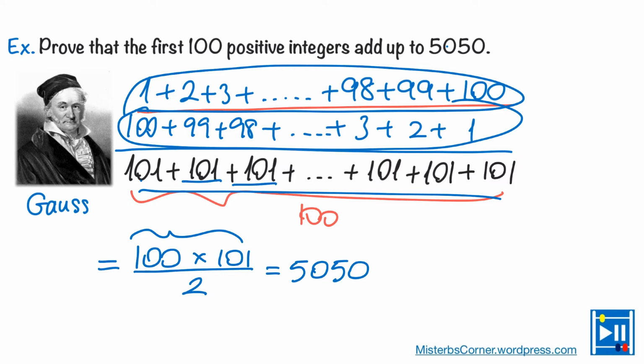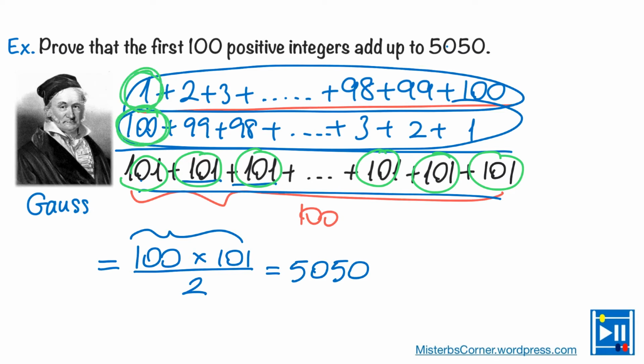Now, let's look at this sum a little bit closer. First of all, notice that we get 101s in each vertical sum, right? So this is basically the first term and the last term added.